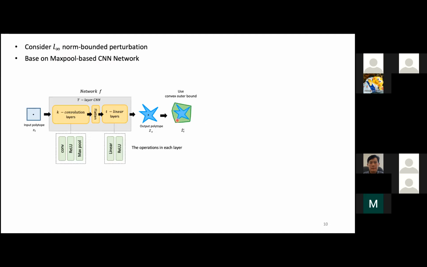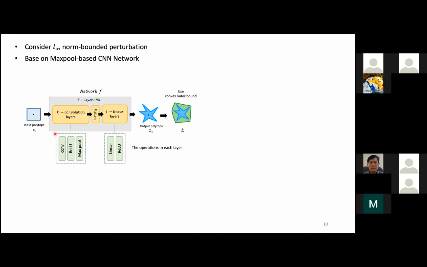And the second thing is that we verify on the maxpool-based CNN. So here is a figure we can see. The architecture contains convolution, ReLU, maxpool, and some linear operations.